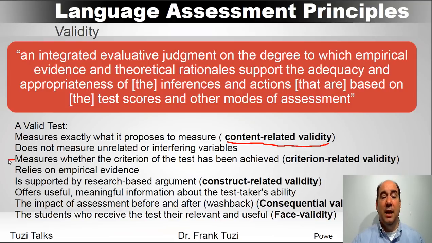Another type of validity, a valid test measures whether the criterion of the test has actually been achieved. And that's criterion-related validity. Are the objectives that you set out for the test actually being achieved? And that's what that is. And does the test rely on actual empirical evidence? Are you actually using and developing test questions that are based on research?